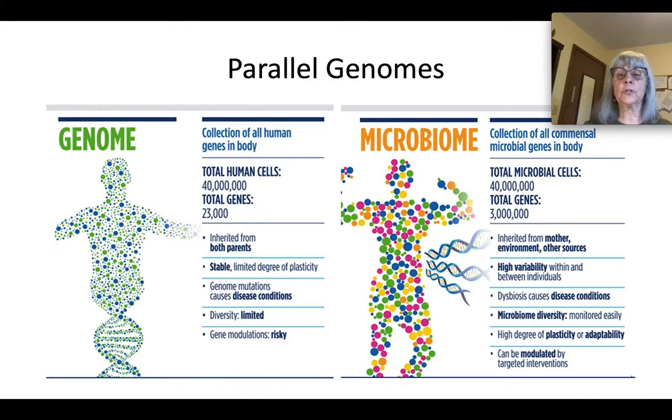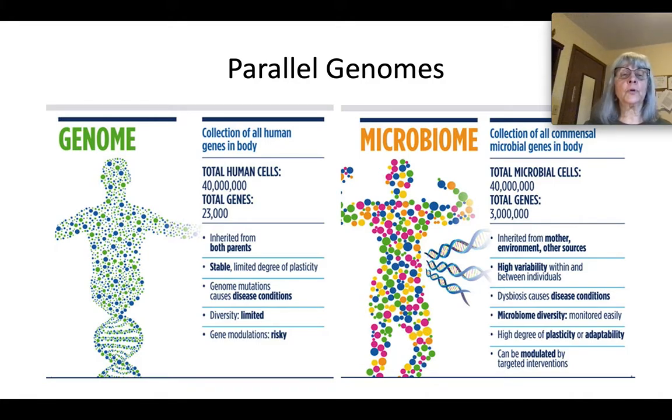Anyhow, if you look at where we get our genome from, it's from parents, both parents. And actually, the microbiome is inherited from your mother, usually in the process of birth, also from the environment and other sources. We inherit and acquire it.